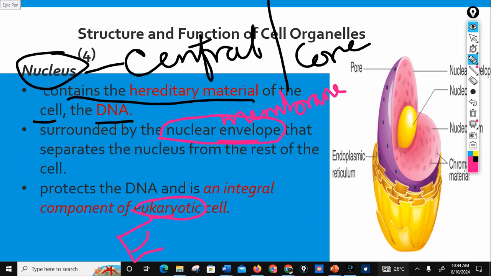It protects the DNA and it is an integral component of the eukaryotic cell. Its main function is that it controls all activities of the cell. It is called the brain of the cell. So that is the nucleus.